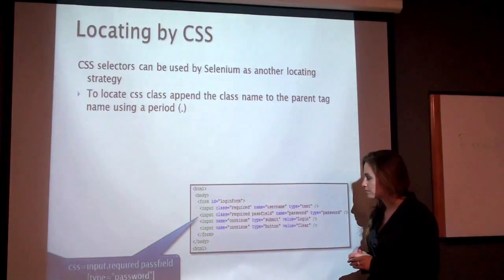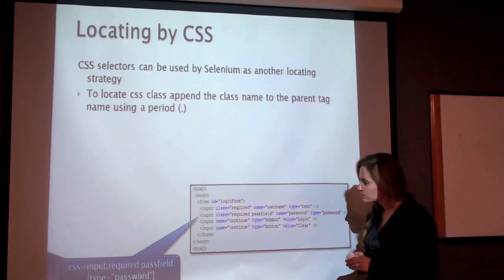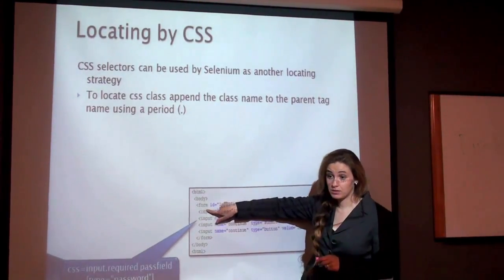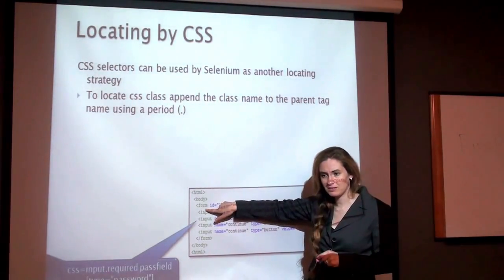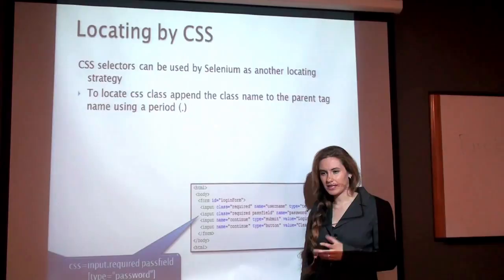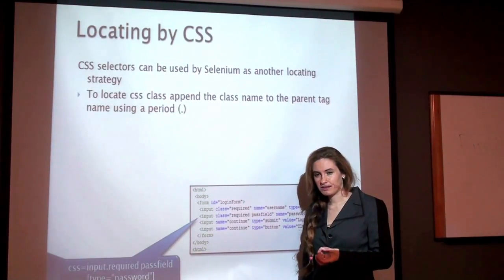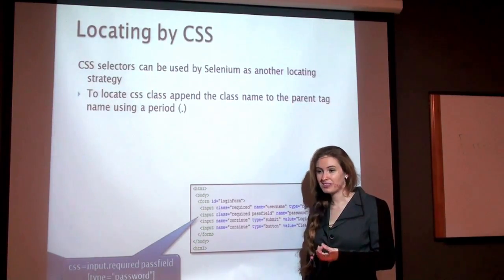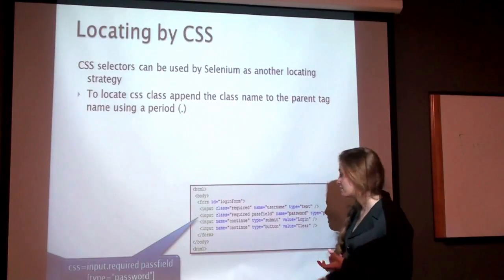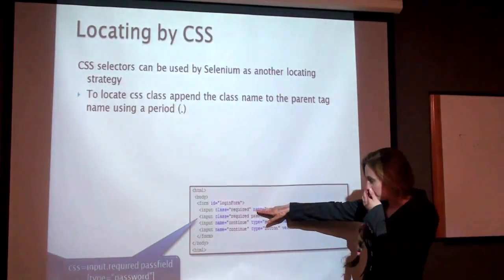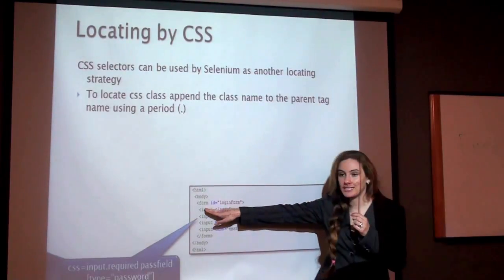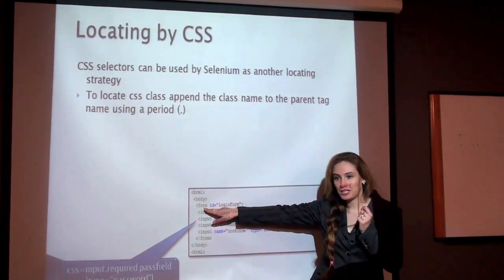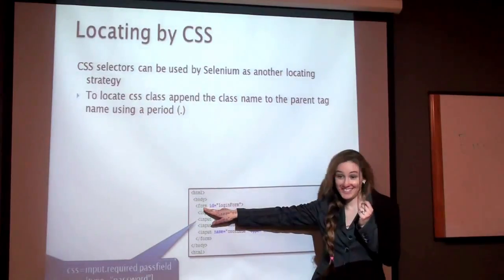The parent tag actually, doesn't matter which one. Like A is a link, P probably. So these are attributes, right? This is the tag. Everything else is a value.